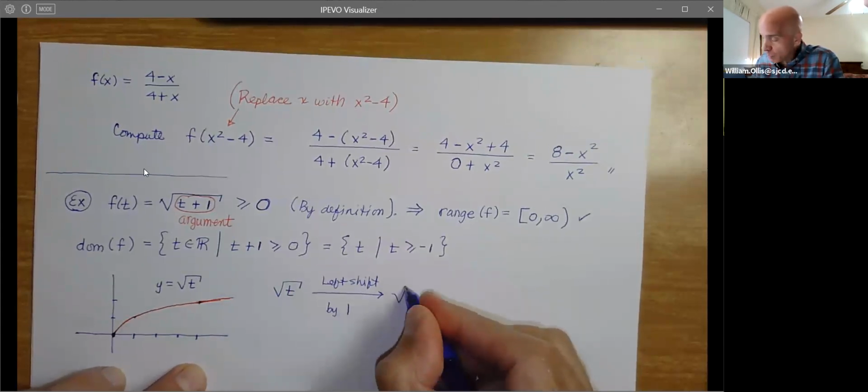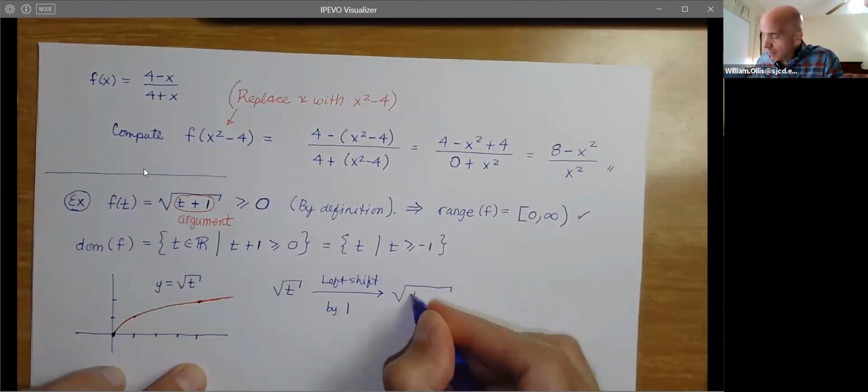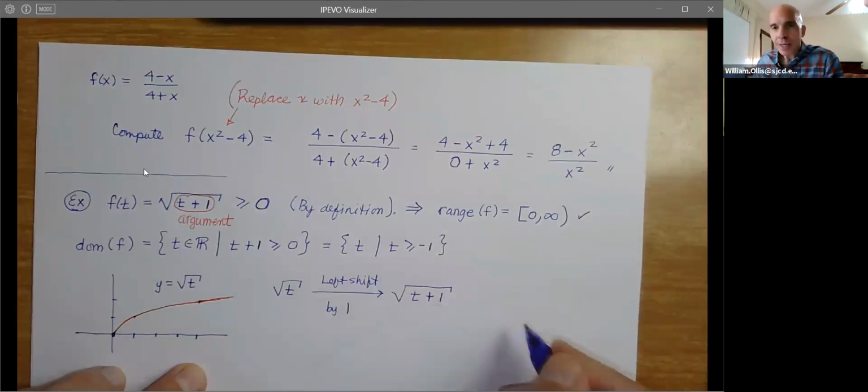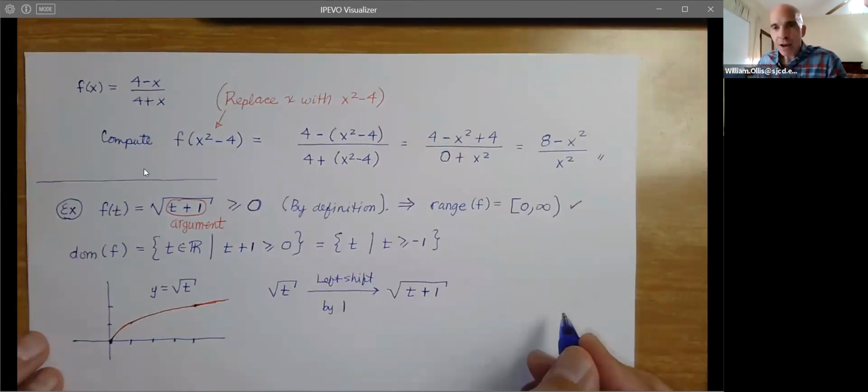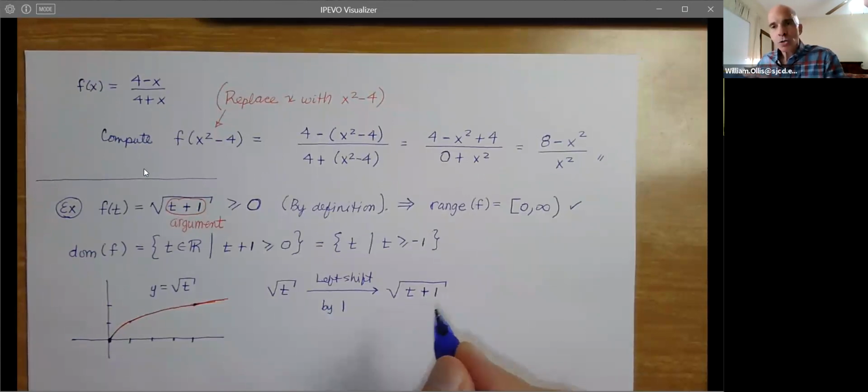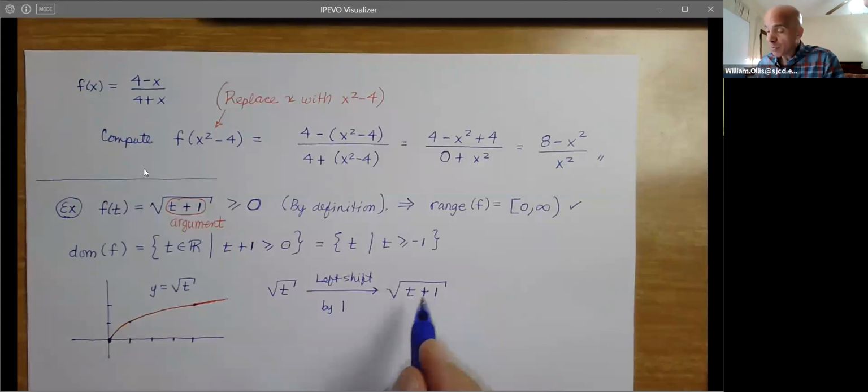We replace t with t plus 1. And that's the anomaly of doing horizontal shifts with algebra. It goes to the contrary of the vertical shifts. The vertical shifts are very intuitive, but you have to think about what's going on horizontally here to be able to understand this. And this is something you did in college algebra.